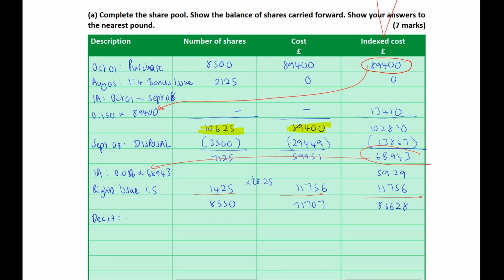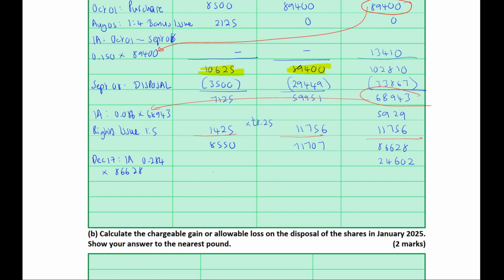So December 17, more indexation allowance, 0.284 multiplied by whatever is in your indexed cost column. Then another subtotal.